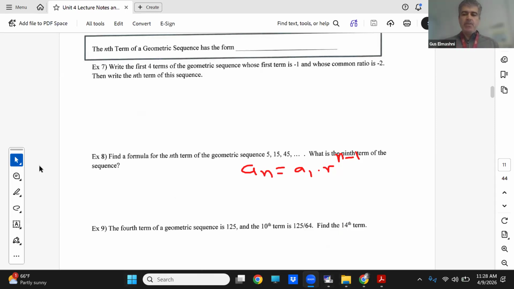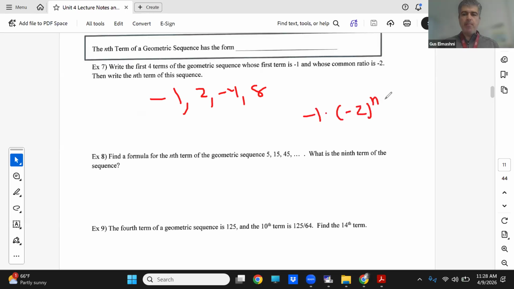Okay. So for this one here, the first 4 terms are -1, 2, -4, and 8. So the nth term is going to be -1 times -2 raised to the n-1 power. Here your ratio is 3.